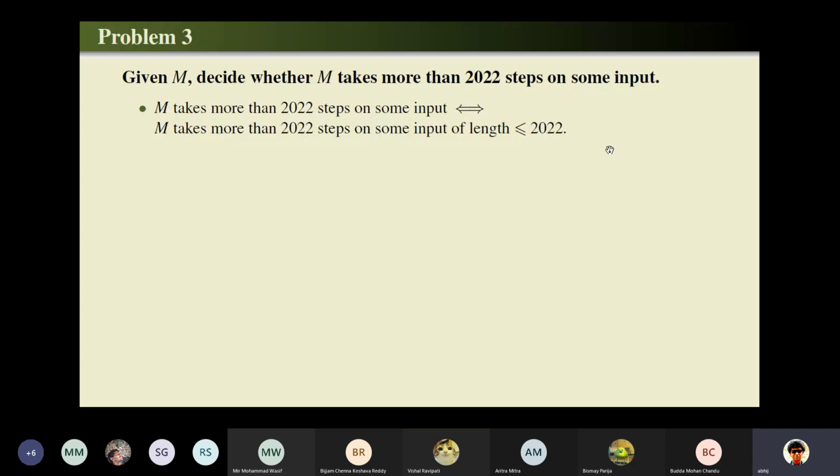I will prove this by contraposition. That is, I will prove that if the right side is not true, then the left side is also not true. So what does it imply when I say the right side is not true?